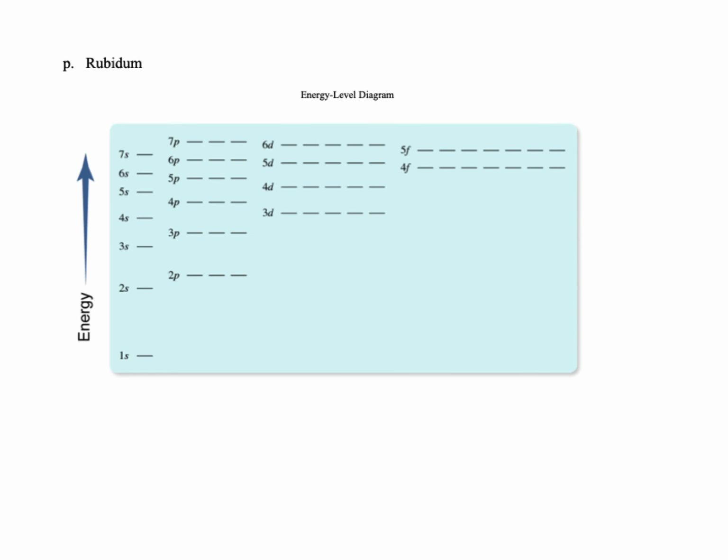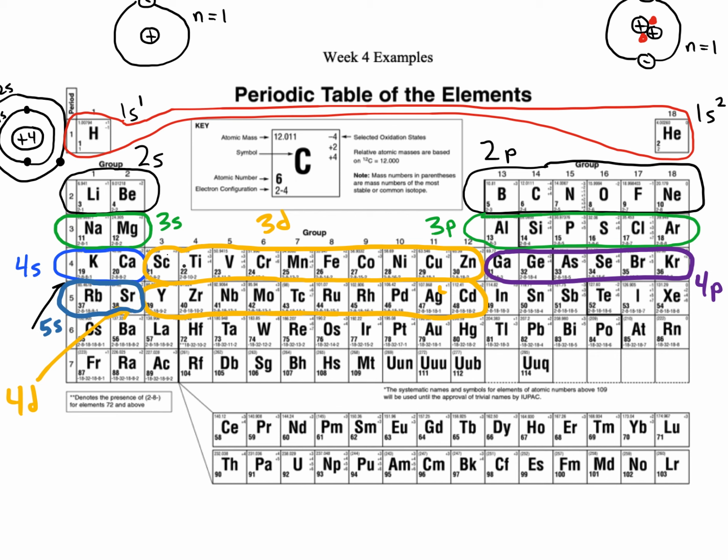Okay. After 4s, we want to completely fill 3d, and after 3d, we'll fill 4p.